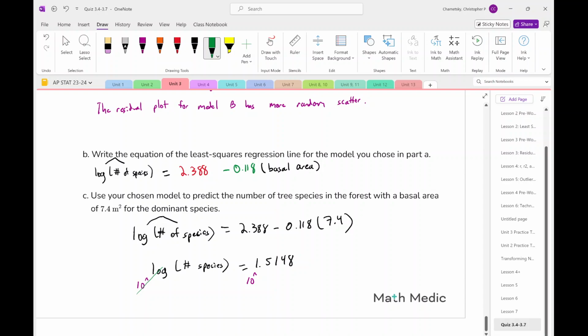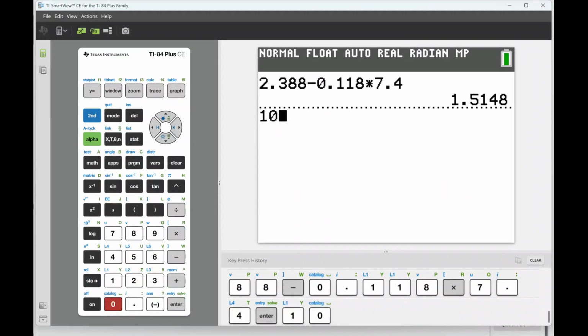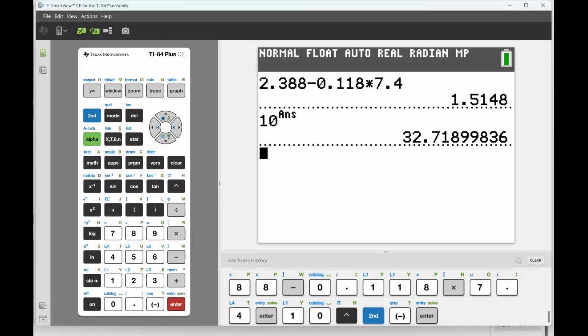So we have number of species equal to 10 to the power of 1.5148. And we will throw that into our calculator. 10 to the power of, just hit second and answer.